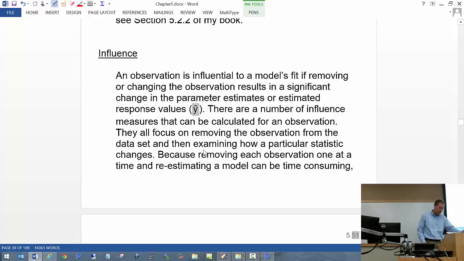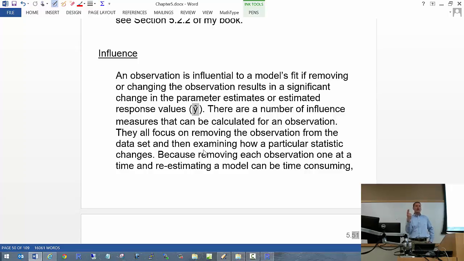Okay, so that takes us to page 550. We've talked about how to judge if a particular observation is poorly fit by the model. We talked about how to judge if a lot of observations are poorly fit by the model.